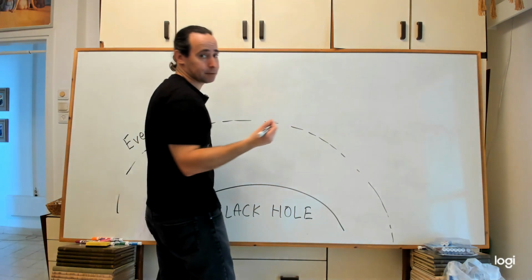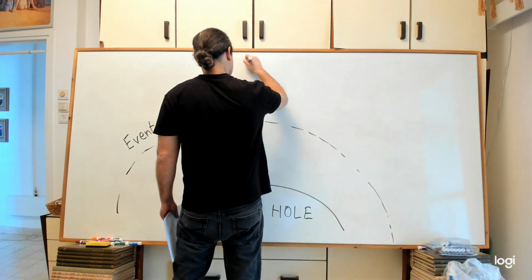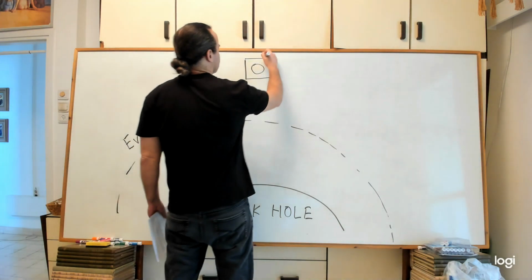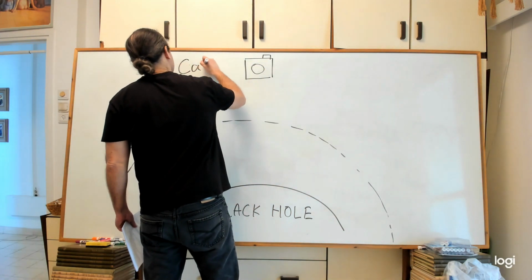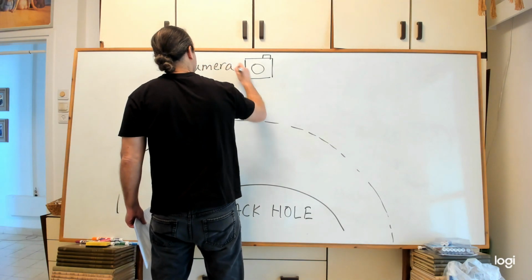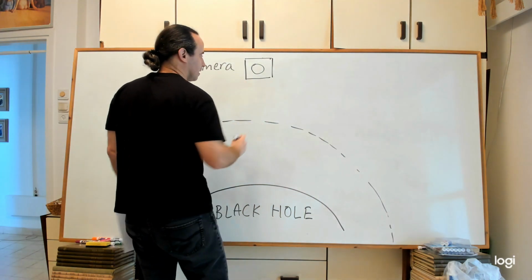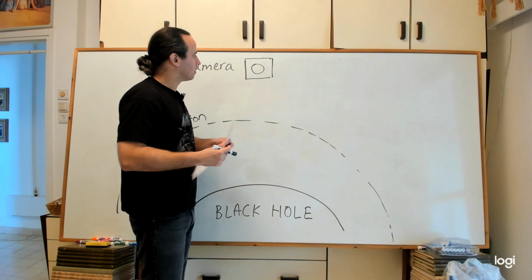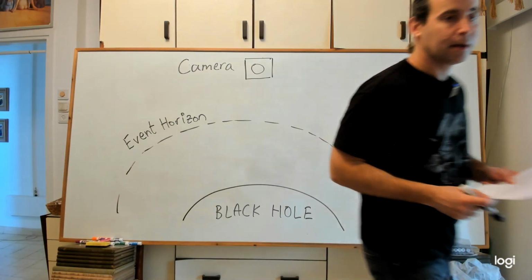I don't know how to draw the camera. Let's draw it like this. Okay, this is our camera, only without the flash, because the flash will be the lasers that come from the sides.